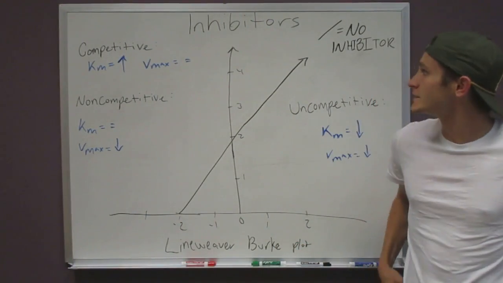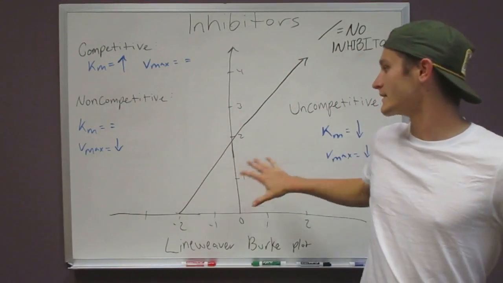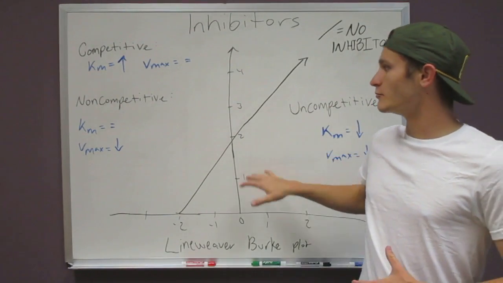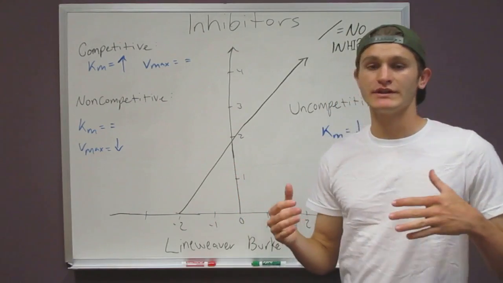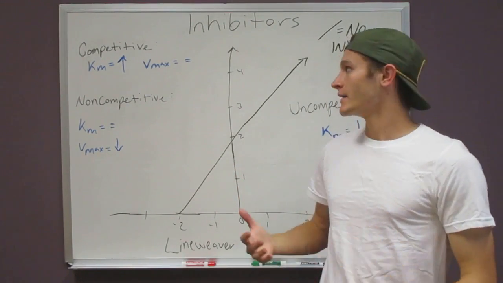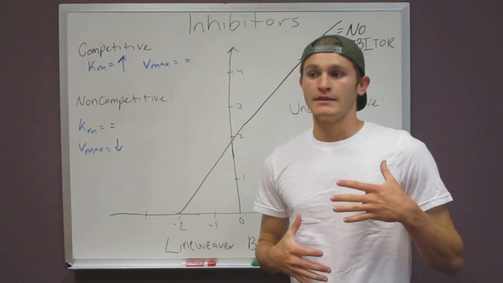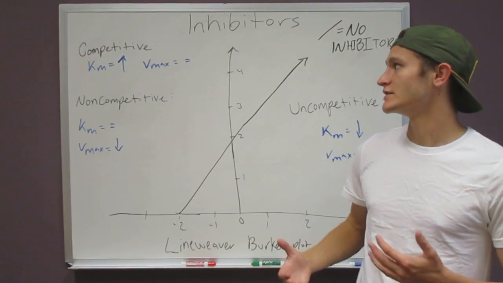Okay guys, these are the inhibitors that we'll be talking about, and this Km and Vmax and the relation it has to the binding and to the reaction. Inhibitors block where substrates can bind. So that changes what enzymes are able to do. It changes how fast the reaction is, and it changes a lot of things.